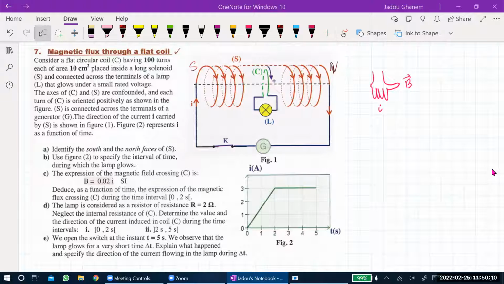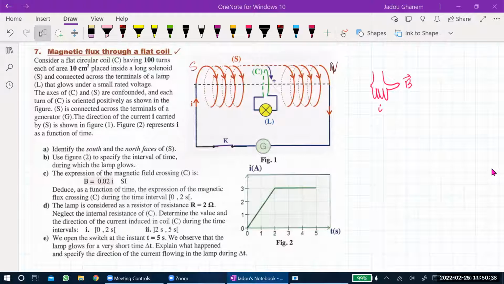Okay, Rayan, let's see Rayan before I give my answer. According to the graph, between 0 and 2 seconds the I was varying, increased from 1 to 3, while from 2 till 5 it remained constant at 3. Therefore when the I is variable, the time is between 0 and 2.